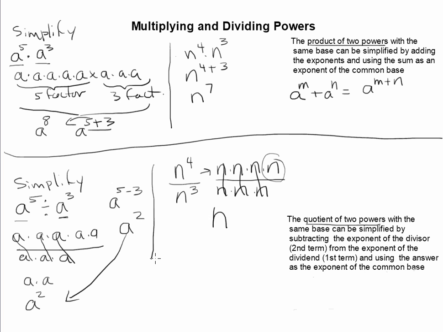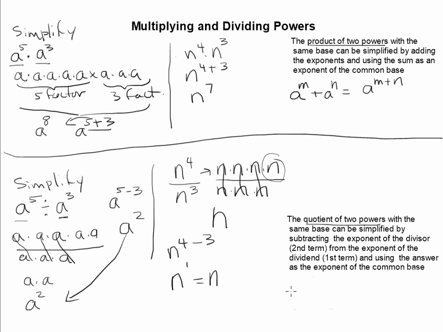Now, you're not going to do that every time you're given a scenario or a situation with quotient of powers or product of powers, because they can be quite long. So here's your pattern in this example. You're simply subtracting your exponents, and you would end up with n to the first power, or simply n.